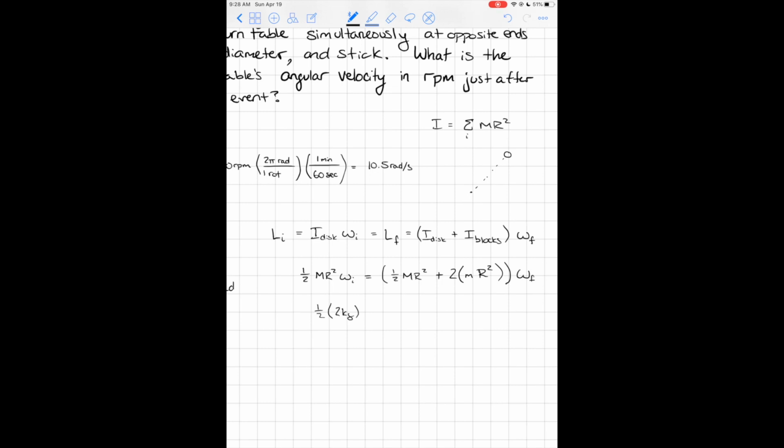2 kilograms times my 0.1. Let's make sure.